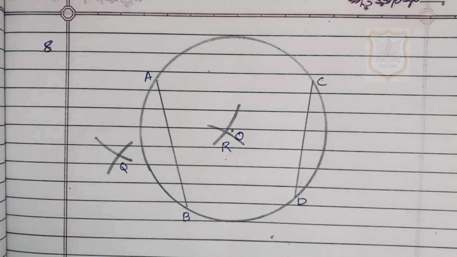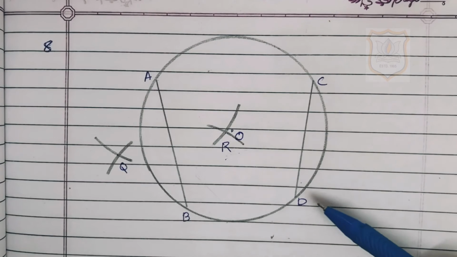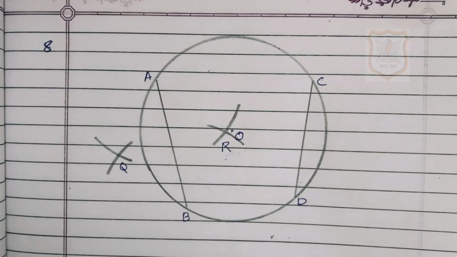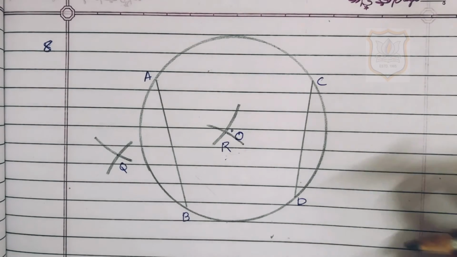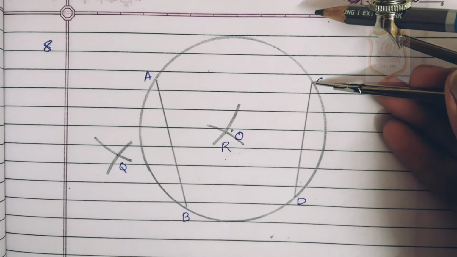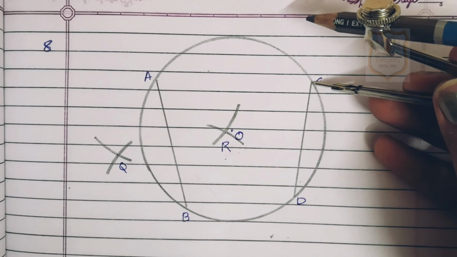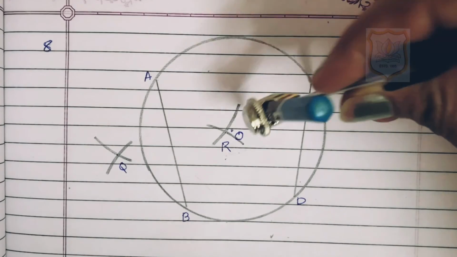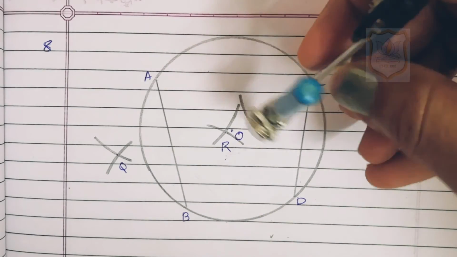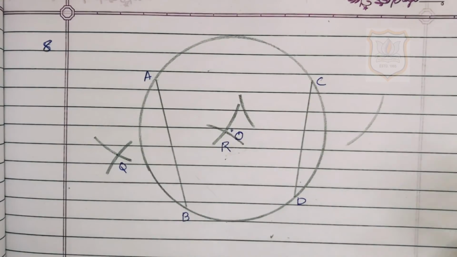Now students, in the same way we will draw the perpendicular bisector of chord CD. Again we will take radius more than half of this chord CD. Now with the center C and radius more than half of length CD, we will draw two arcs, one on each side, one on this side and the other arc on this side of CD.